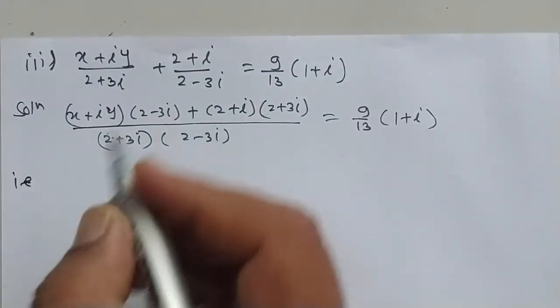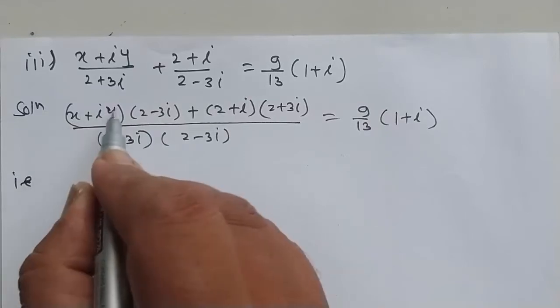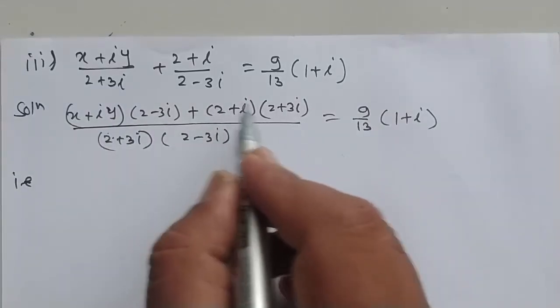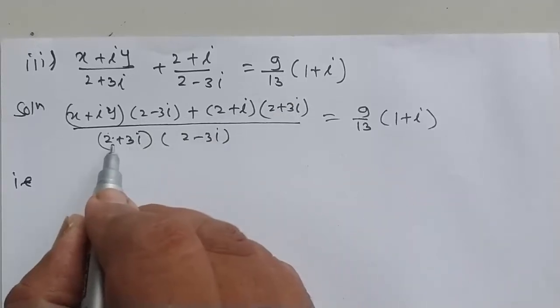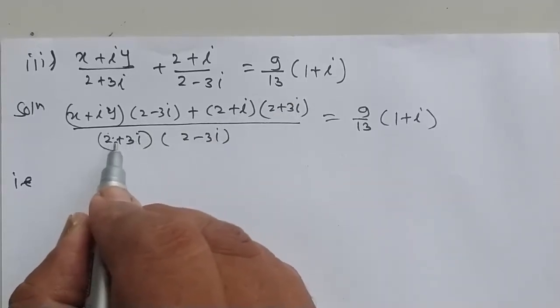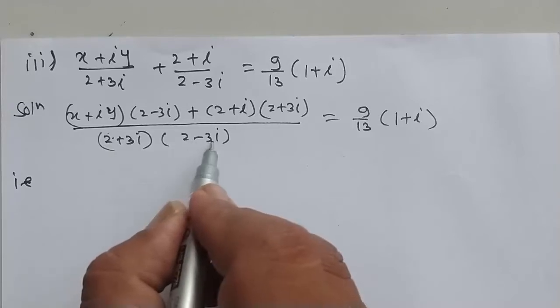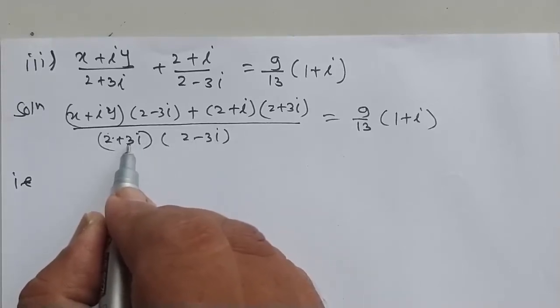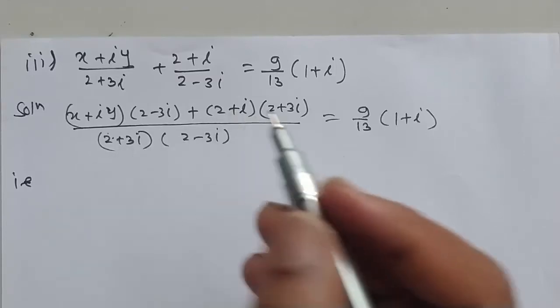Now multiply this bracket with each term of this bracket, and multiply this bracket with each term of this bracket. The product of 2 plus 3i into 2 minus 3i, it is (a minus b) into (a plus b) is a square minus b square.